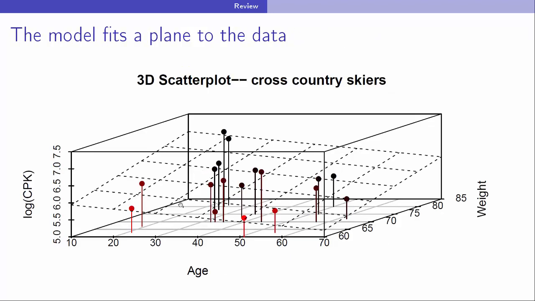So you can see here that what we're doing is fitting a plane. As we go down here, this line is going down. So that's our negative slope for age, and in the weight axis, it's going up. So I've got my measurements going up in the weight, and you can see here going down with age. So what am I doing? I'm fitting a plane.